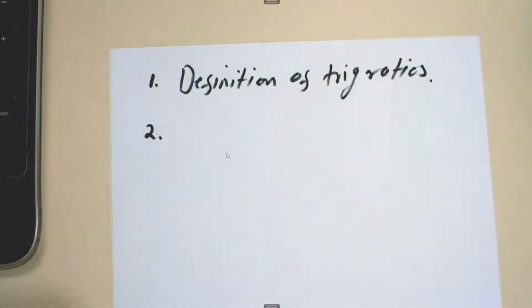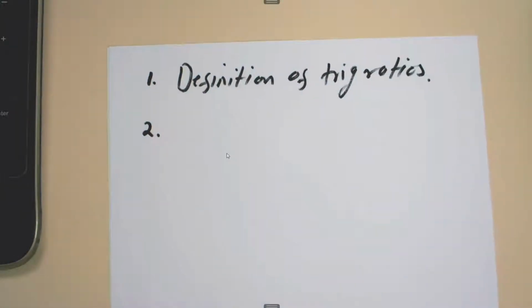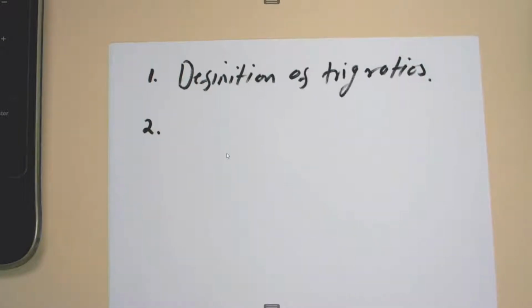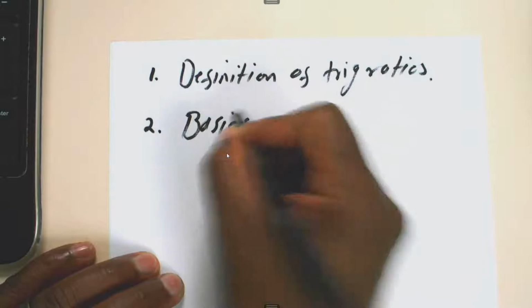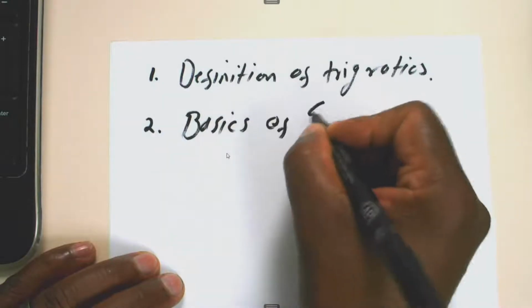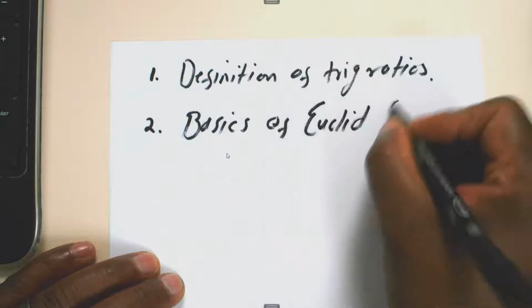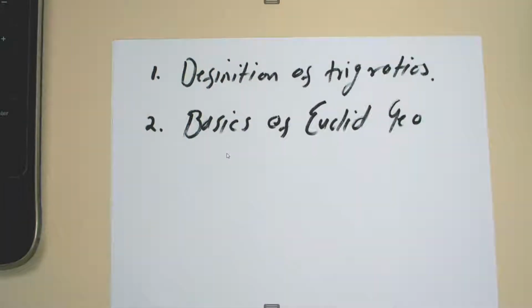Once you know the definitions, you must also remember that you cannot do this topic in isolation from Euclidean geometry. So the basics of Euclidean geometry are also needed. Like if you talk of a parallelogram, automatically it means as a grade 12 learner doing trigonometry, you must know the properties of a parallelogram. If you are given a problem and it is stated that the quadrilateral is a rhombus, then you must know the properties of a rhombus.